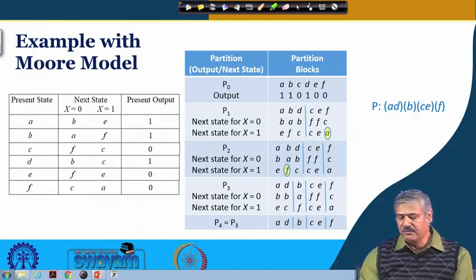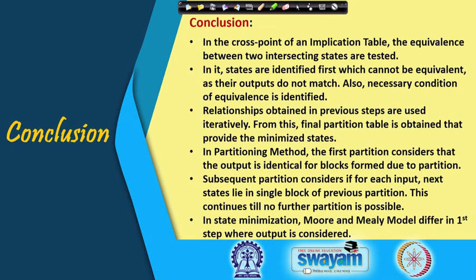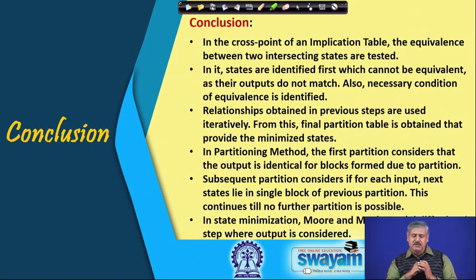So with this we come to the conclusion. For the implication table method, in the cross point, the equivalence between 2 intersecting states is tested, and states are identified first which cannot be equivalent as their outputs do not match, and after that the relationships in previous steps are used iteratively, and the final partition is obtained to provide minimized states.